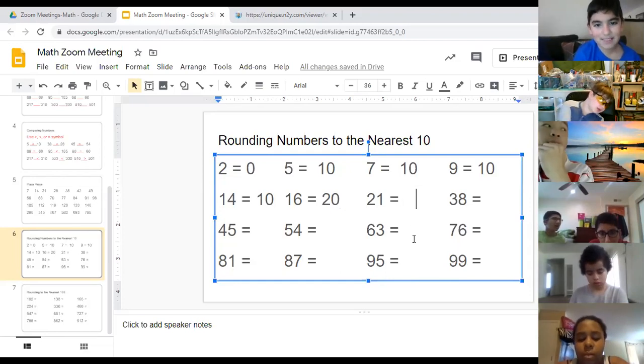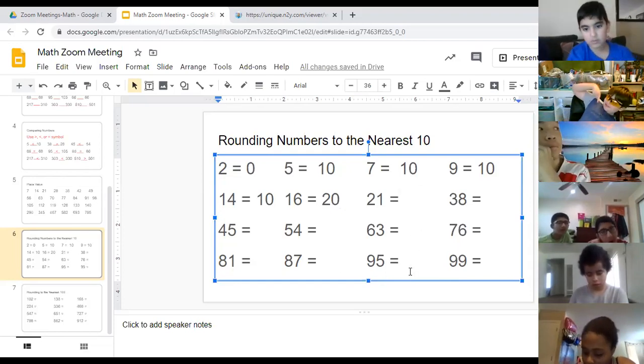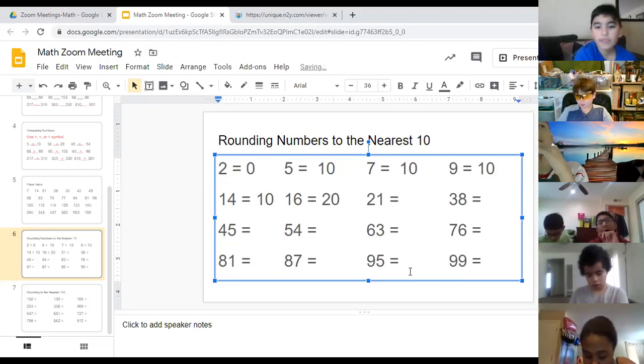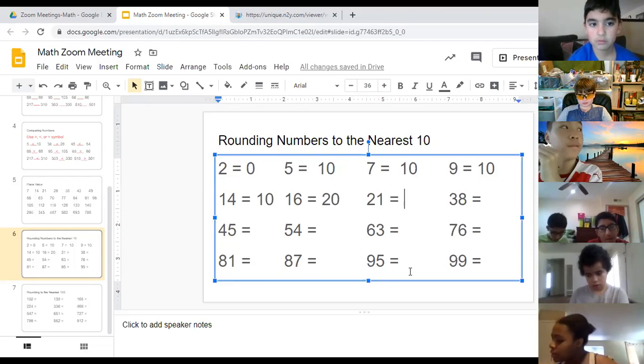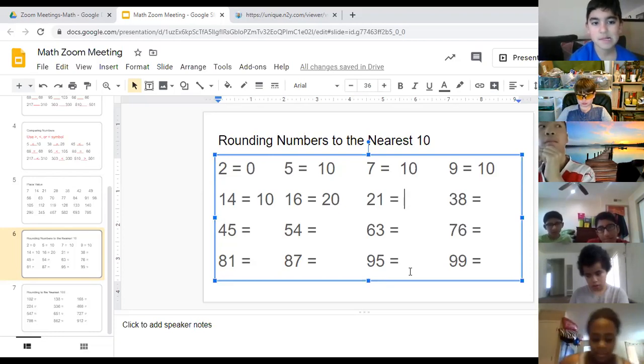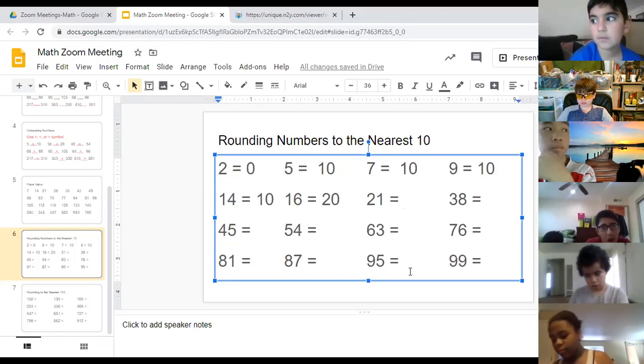Is 21 closer to 20 or closer to 30? Okay, let's count from 21 to 20. We will count back. Ready? 21, 20. So how many units away from 21 to 20?